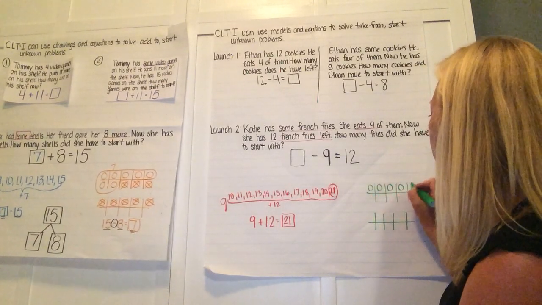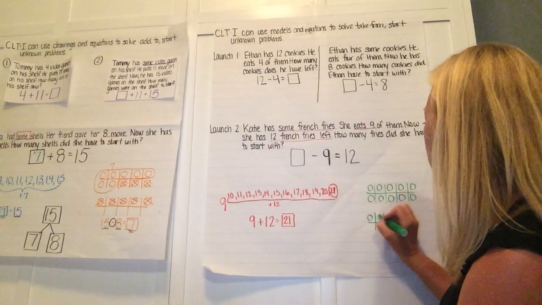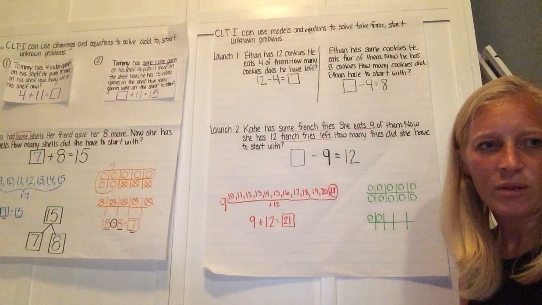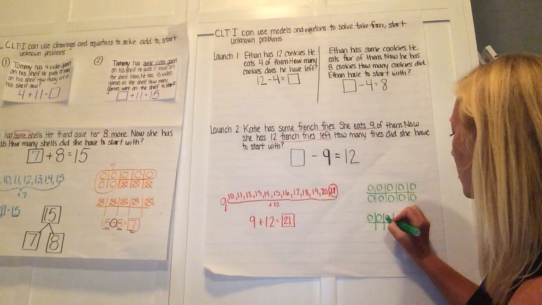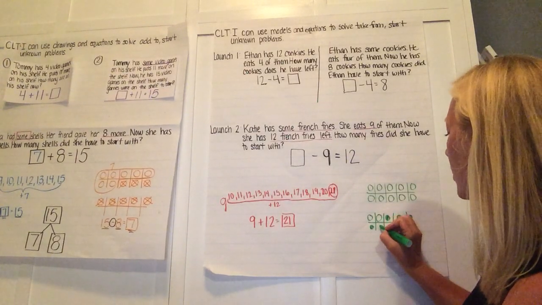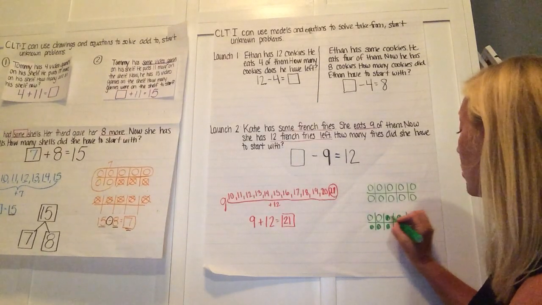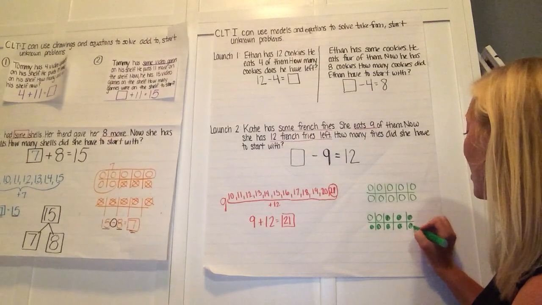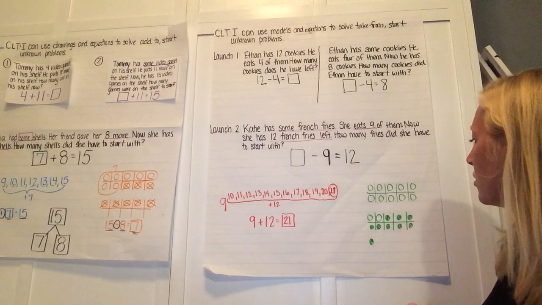You started with a different number, didn't you? Why did you start with 12? Just, that's how many you had left? Okay. 4, 5, 6, 7. Wait, 1, 2, 3, 4, 5, 6, 7, 8, and 9 more.